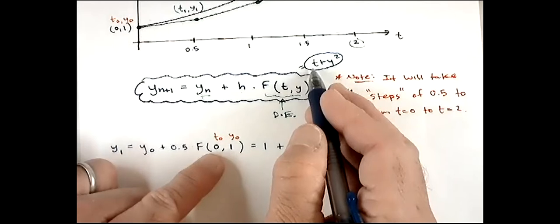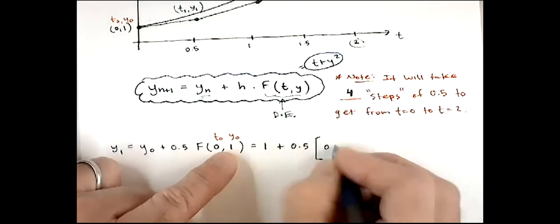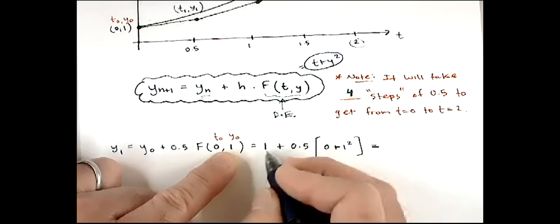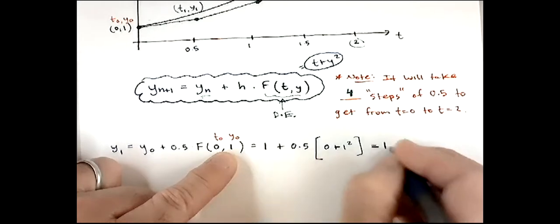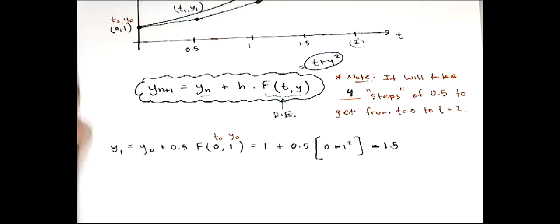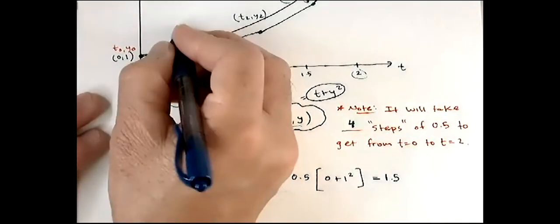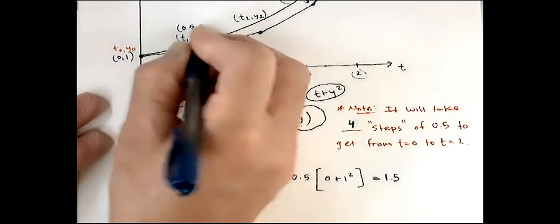And so I would go 0 plus 1 squared, which is just 1. And 1 plus 0.5 times 1 gives me 1.5. So this point right here is, now I know that 0.5, 1.5.